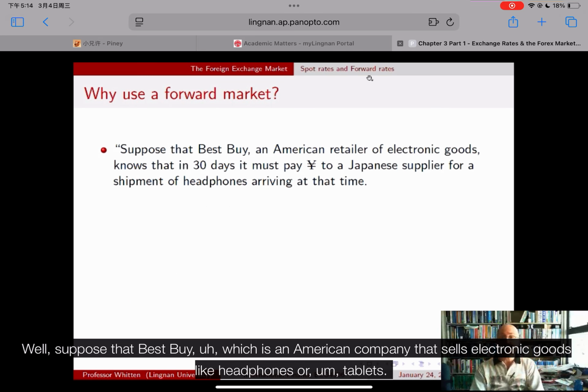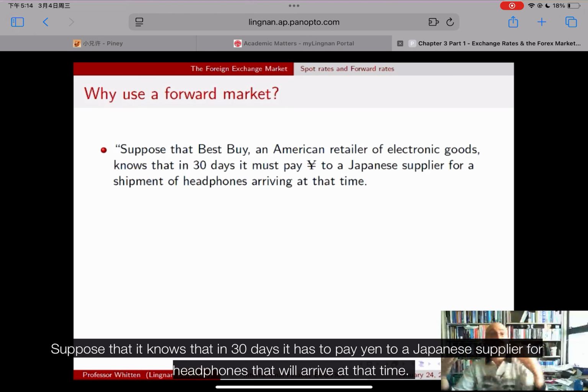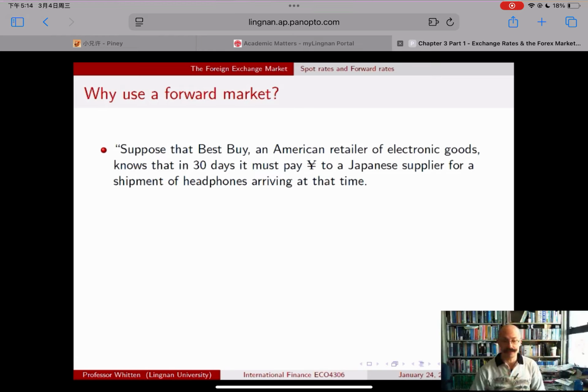Well, suppose that Best Buy, which is an American company that sells electronic goods like headphones or tablets, suppose that it knows that in 30 days it has to pay yen to a Japanese supplier for headphones that will arrive at that time.